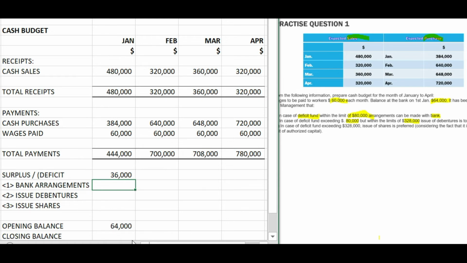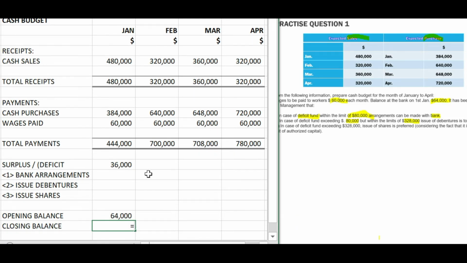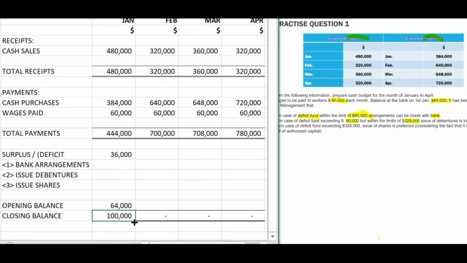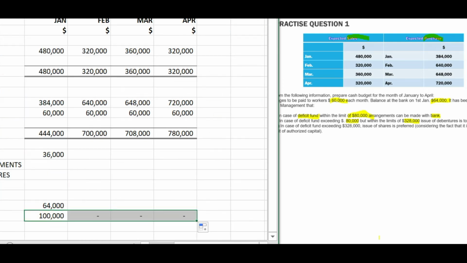Don't forget we have another 64,000 here. So basically we have a surplus of 36,000 and the opening balance of 64,000, so it is 36 plus 64. Fantastic. Let's drag it to the next.